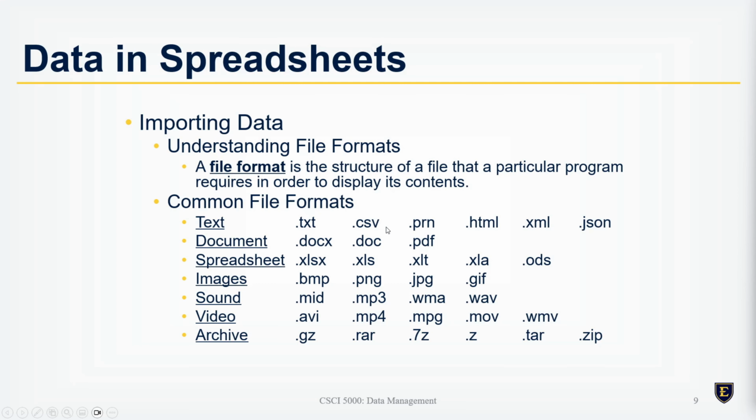Those are very common with spreadsheets, and we'll talk about them a little more. Also, XML and JSON are two other file types that we may encounter in this class, because those file types can be imported into relational databases as well as spreadsheets.